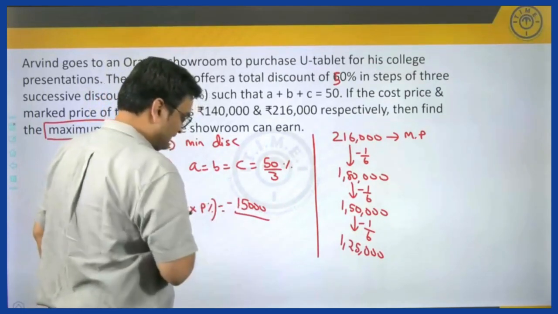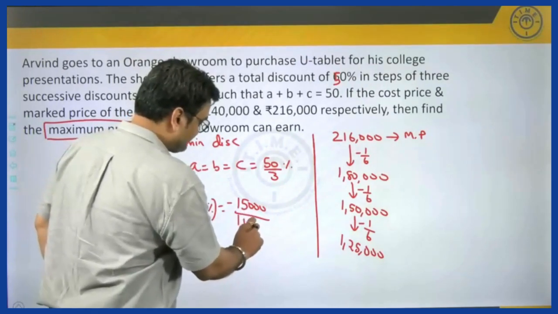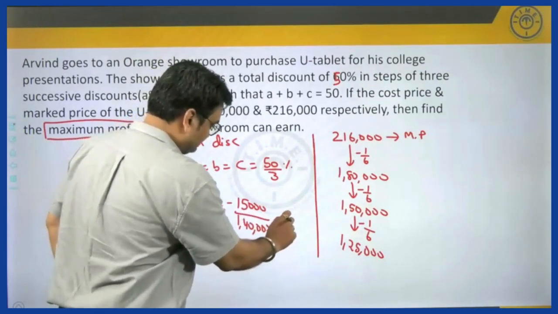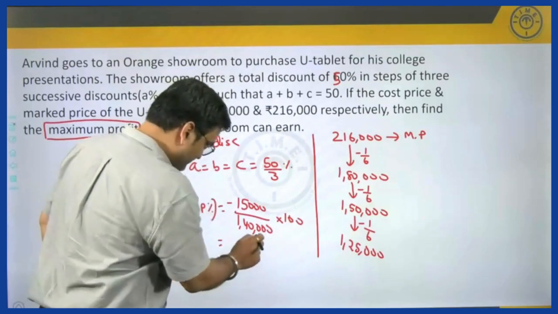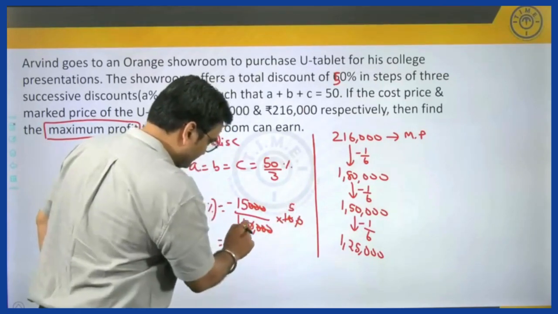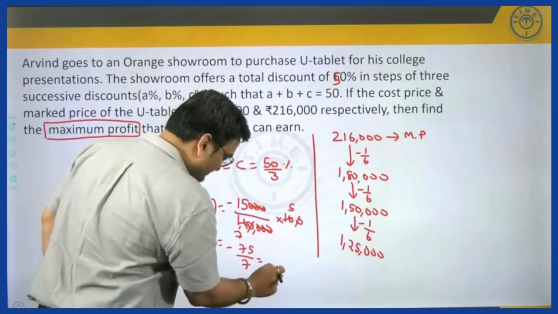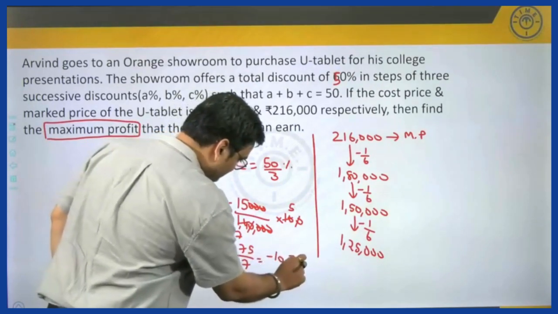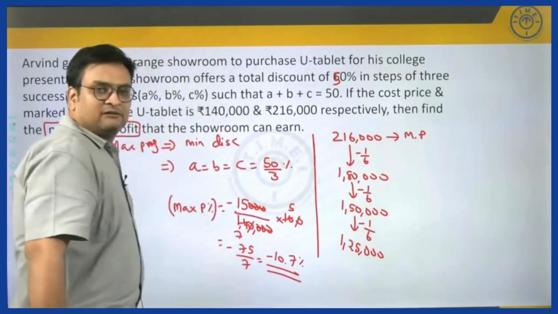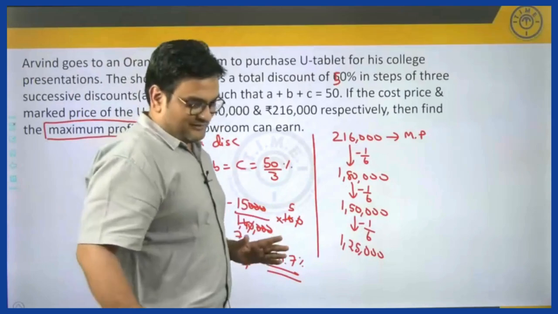So, it will be negative, because we are talking about loss on cost price into 100. So, when you simplify this, this will cancel out, 2 will go 5 times, 2 will go 7 times. So, minus 75 by 7, which is approximately minus 10.7. So, that means the maximum profit I can earn is minus 10.7.